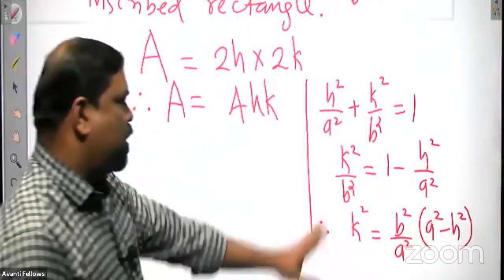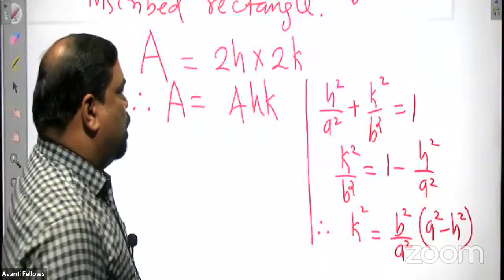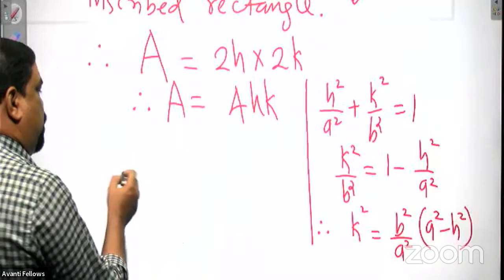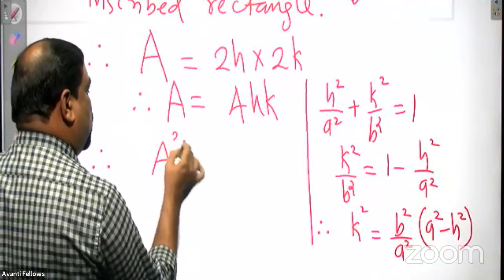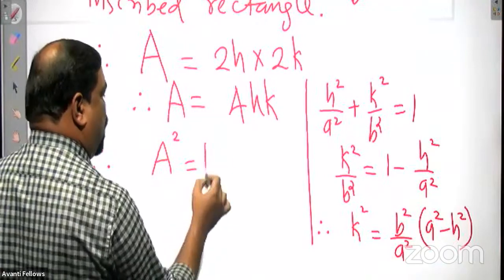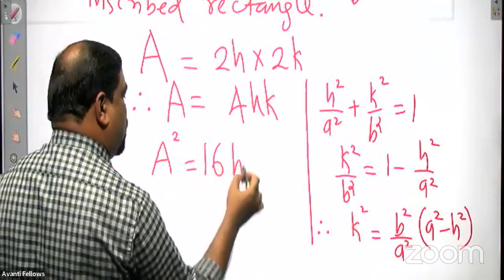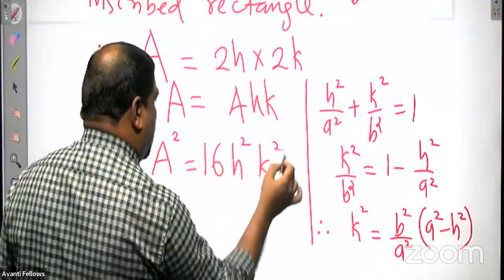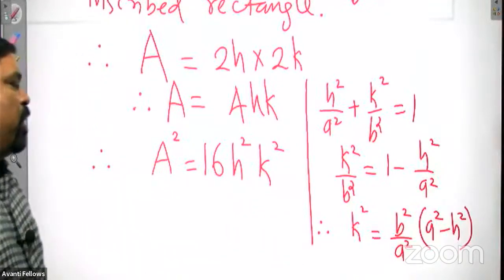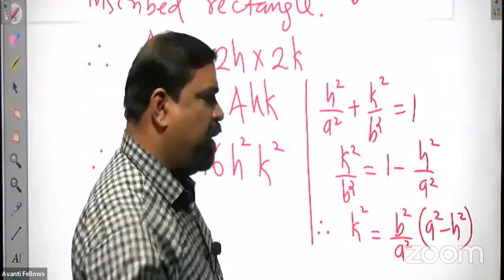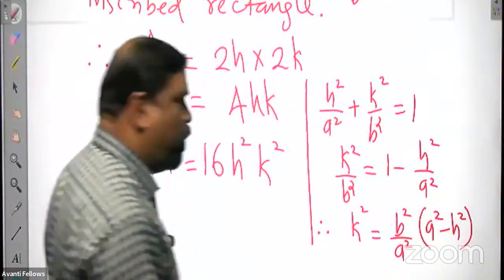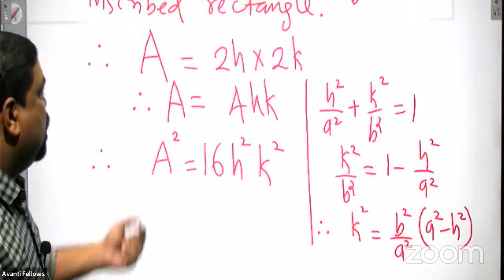Okay, so I will write k square only. To avoid the root problem, I will take the square of this area. Otherwise, we have to write k is equal to b by a into root of a square minus h square. To avoid that root term, better to take the square.